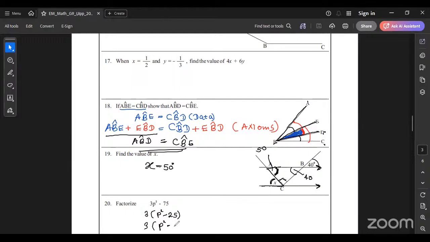You can make 25 as 5 to the power 2, because I need the difference of two squares.